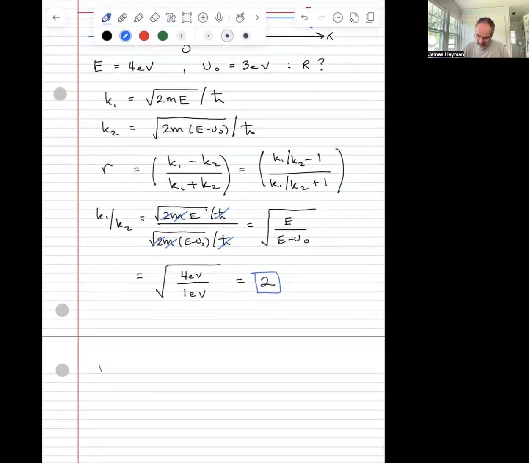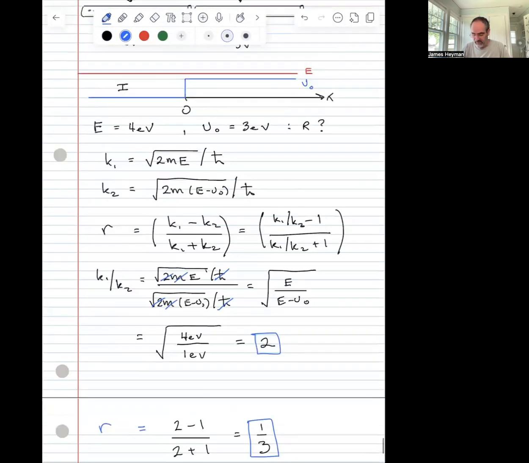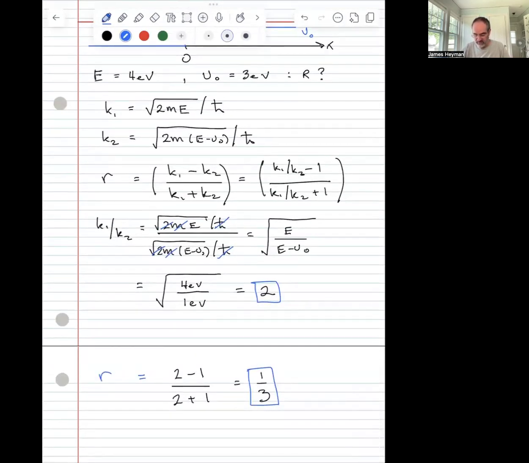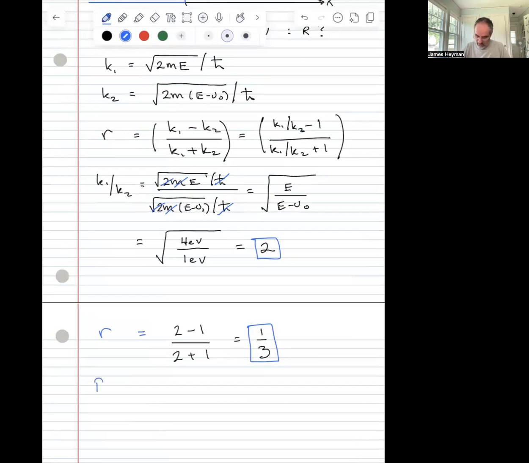So coming back then, little r is equal to 2 minus 1 over 2 plus 1. So it's 1 over 3. So the relative amplitude of the reflected wave is 1/3 the amplitude of the wave function in region 1. We wanted to find the probability of reflection, capital R, which is just little r absolute value squared.